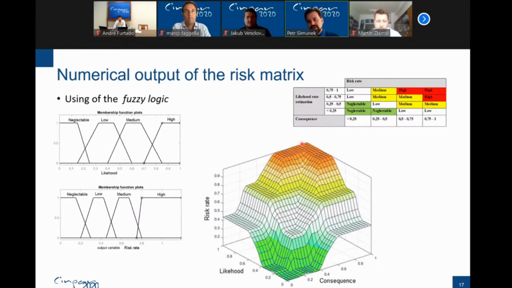Then we can use the input data. We can use these membership functions for input parts, and we will get a result as the surface. So we will also get the appropriate numerical outputs from the risk matrix.